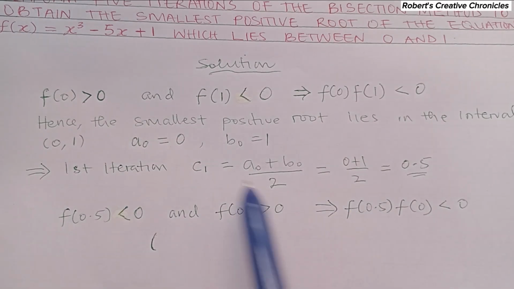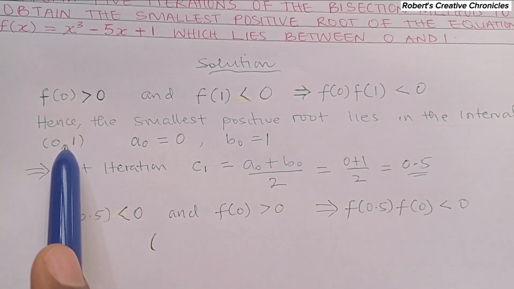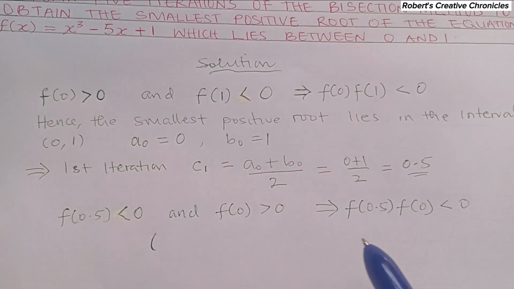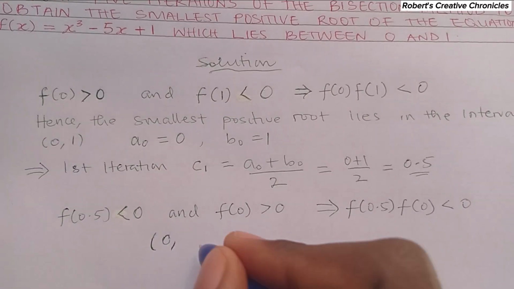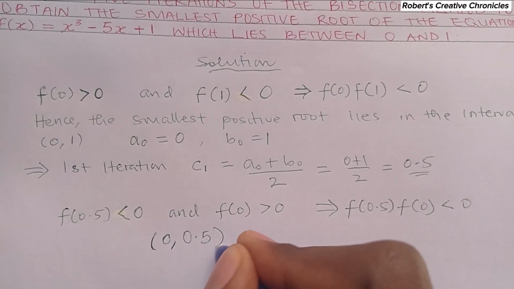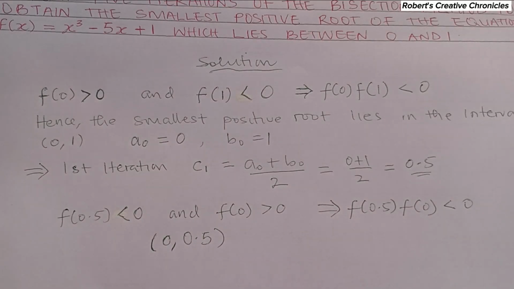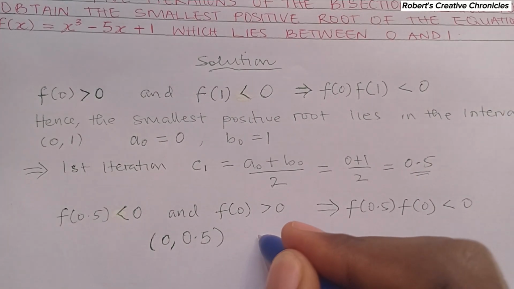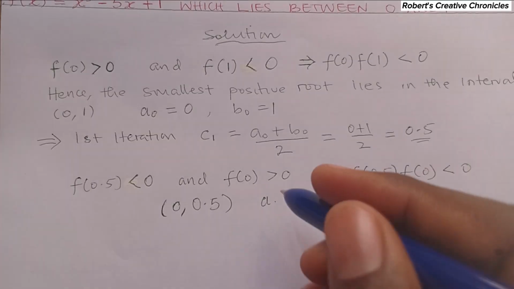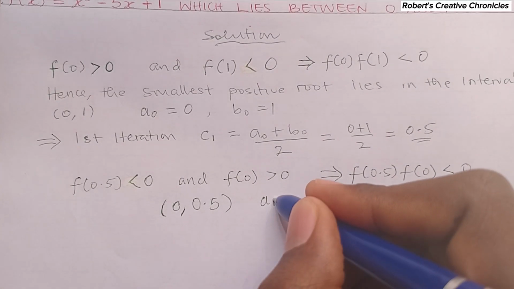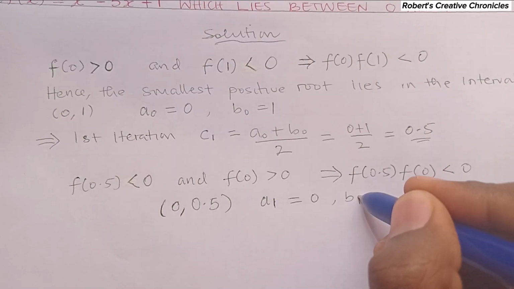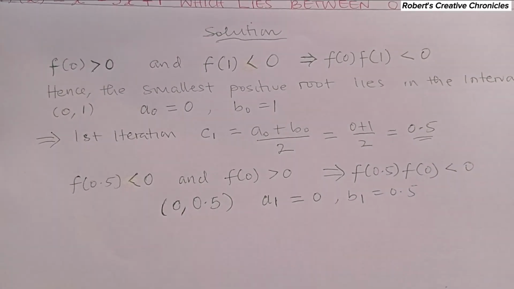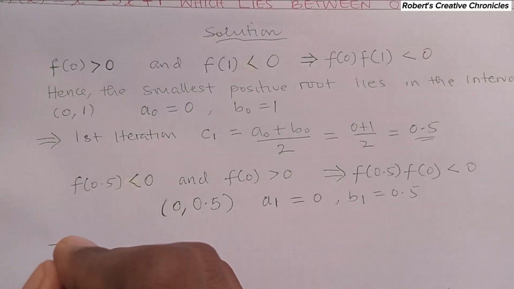The only thing that changes here is this one, because we are still using 0. So the interval now becomes 0, 0.5. So a1 is now equal to 0 and b1 is now equal to 0.5. Now we'll do the second iteration.